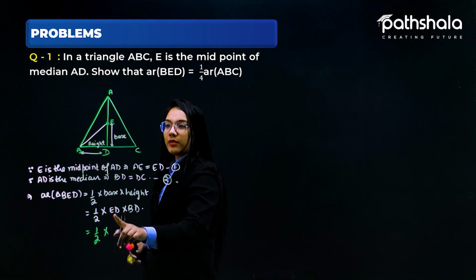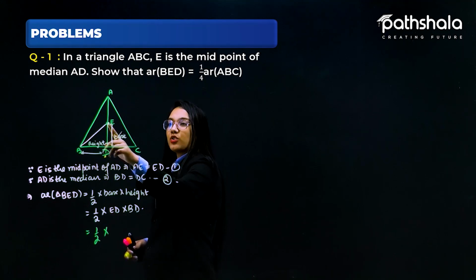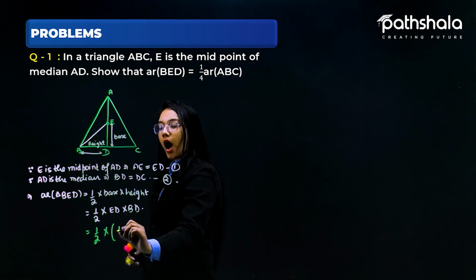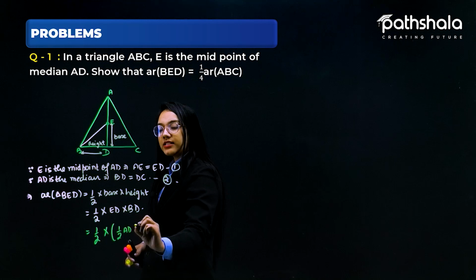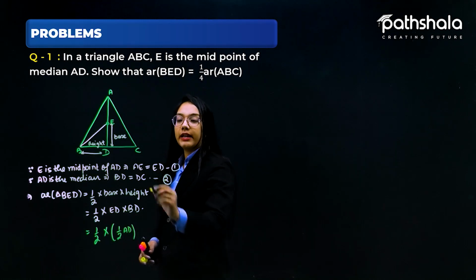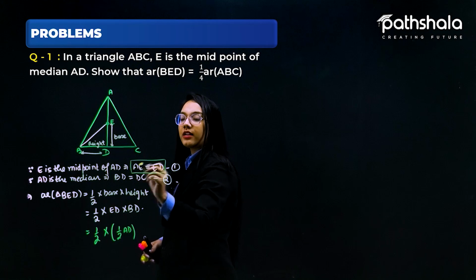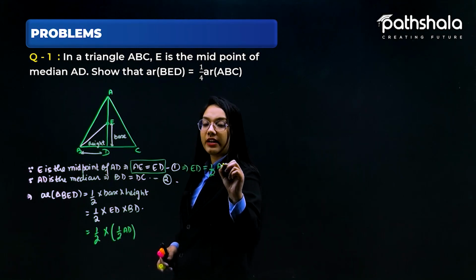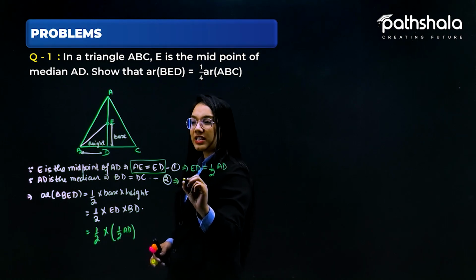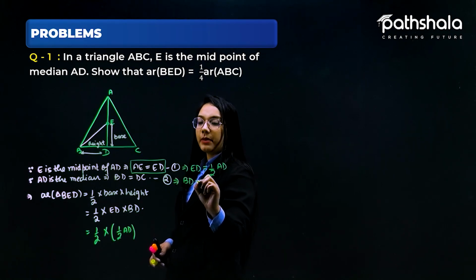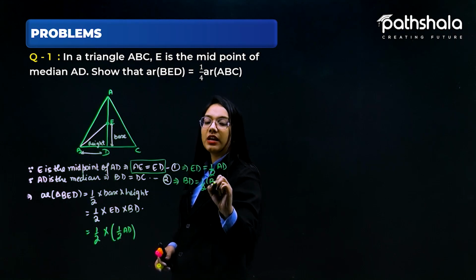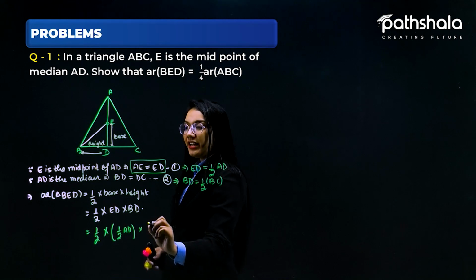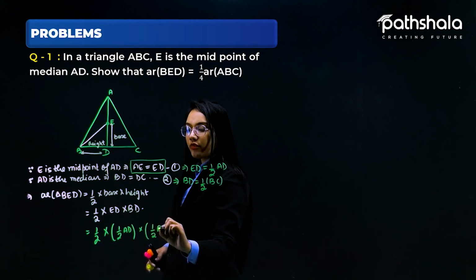In place of ED, I'm writing it as half of AD, because we know that ED is equal to AE, and if ED is equal to AE, it means that ED is half of AD. Similarly, BD is half of BC, because it is a half portion of the whole. So in place of BD we can write half of BC.